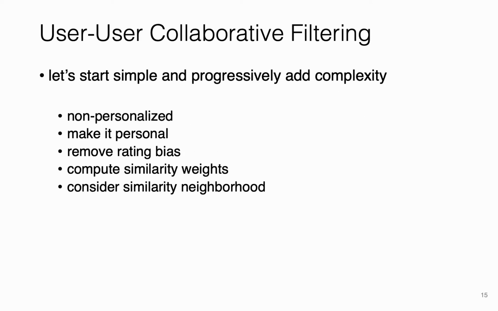We will introduce user-to-user collaborative filtering progressively, starting from a simple idea and building on top of that. Specifically, we will talk about a non-personalized approach, then we will make it personal, remove some biases, and later we will introduce the user similarity functions and show their role.